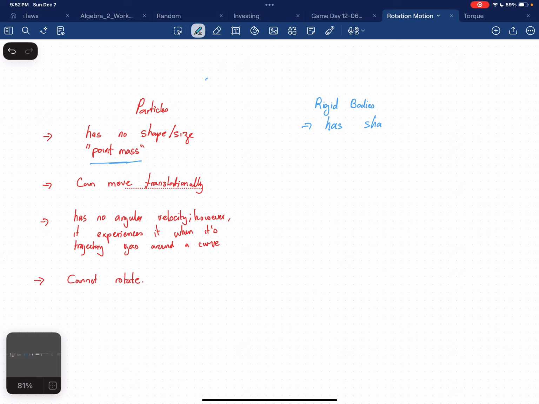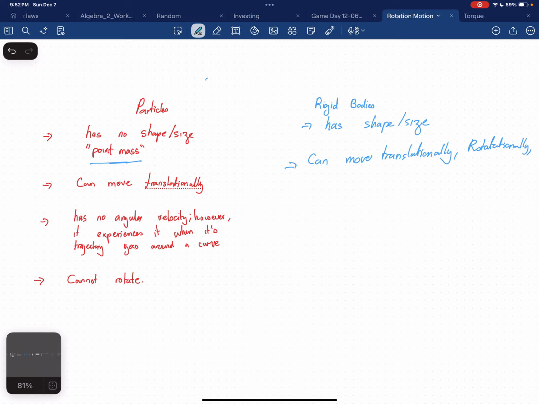But a rigid body has shape and size. It can move translationally. It has all the linear kinematics applying to it, the linear velocity, linear acceleration. It can move rotationally, it can rotate.